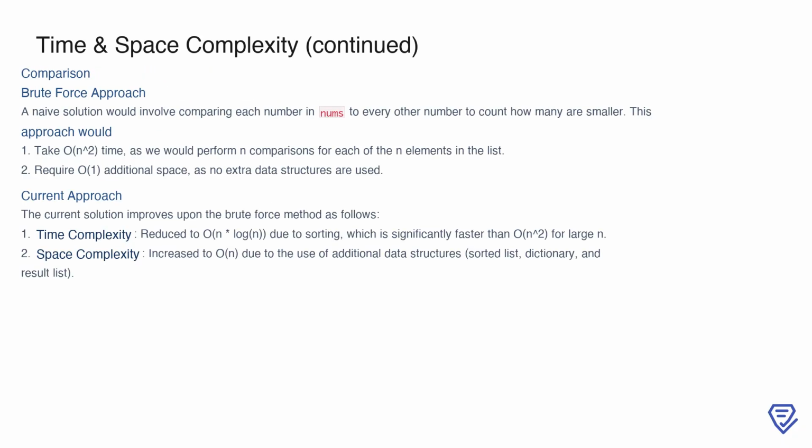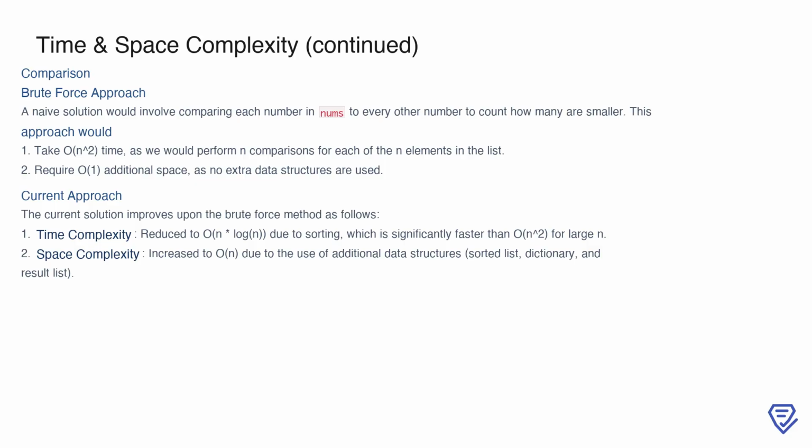When comparing this approach to a brute force solution, the improvements become clear. The naive method would involve comparing every number in nums with every other number to count how many are smaller. This results in n squared time complexity, as each of the n elements requires n comparisons. However, the brute force approach does have an advantage in terms of space, using only O(1) additional memory since no extra data structures are created.